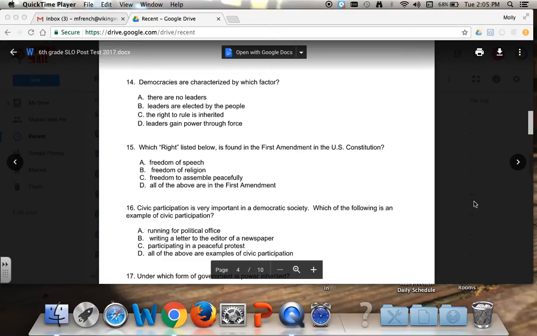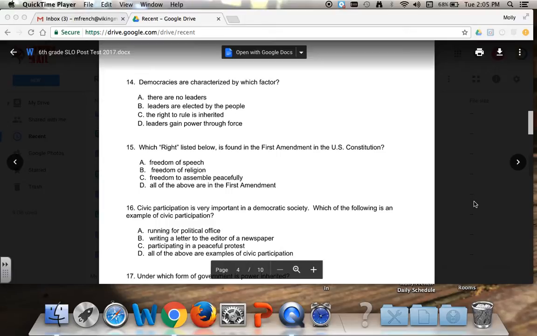Number 15. Which right listed below is found in the First Amendment of the U.S. Constitution? A. Freedom of speech. B. Freedom of religion. C. Freedom to assemble peacefully. Or D. All of the above are in the First Amendment. Number 16.